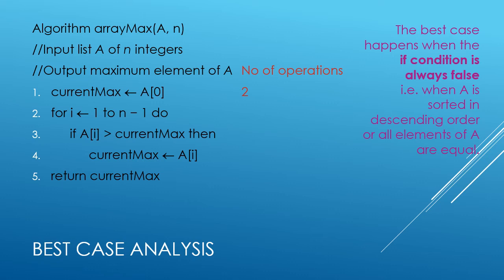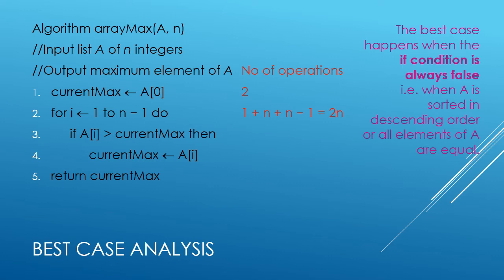The condition of the for loop is checked for true values plus 1 false value. So the condition is checked n minus 1 plus 1, that is n times. The loop counter is updated as many times as the true values. Updation happens n minus 1 times. So the number of operations for the for loop are 2n.